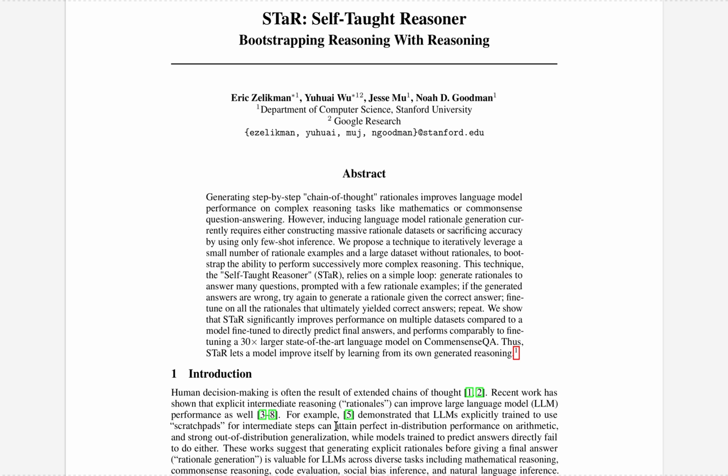Abstract. Generating step-by-step chain of thought rationale improves language model performance on complex reasoning tasks like mathematics or common sense question answering. However, inducing language model rationale generation currently requires either constructing massive rationale datasets or sacrificing accuracy by using only few-shot inference.